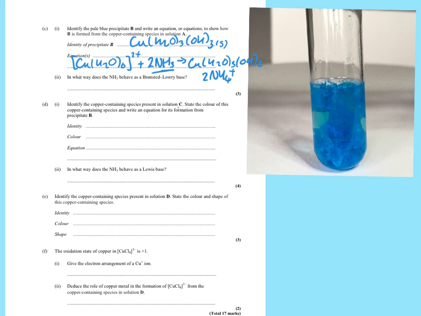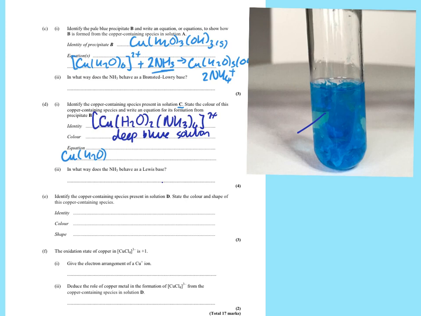Finally, identify the copper-containing species in solution C. So C was when that dissolved in excess ammonia, so that's [Cu(H2O)2(NH3)4]2+. The colour is deep blue solution, and forming it from the precipitate, so our precipitate is [Cu(H2O)4(OH)2] solid, and we now are going to replace the hydroxides and 2 of the waters with 4 ammonias.